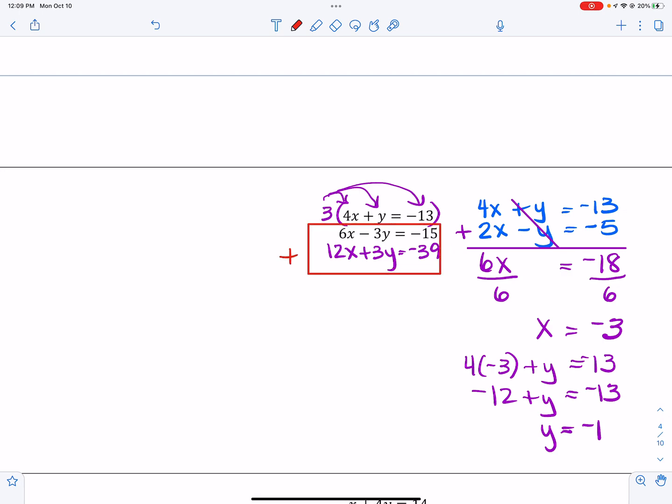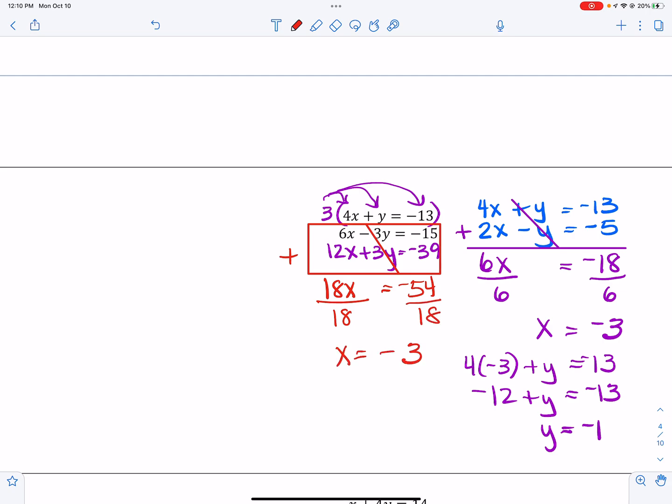And so 6x and 12x makes 18x. The y's still cancel. And then I've got negative 15 and negative 39, and that's going to be negative 54. And then when I divide by 18, I'm still going to get x is negative 3.